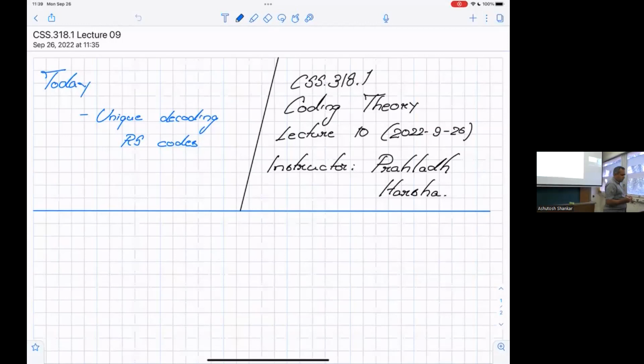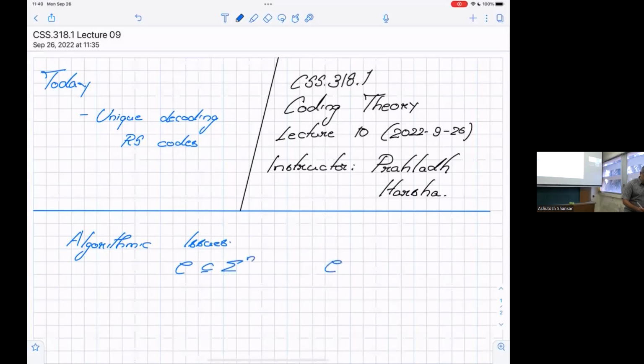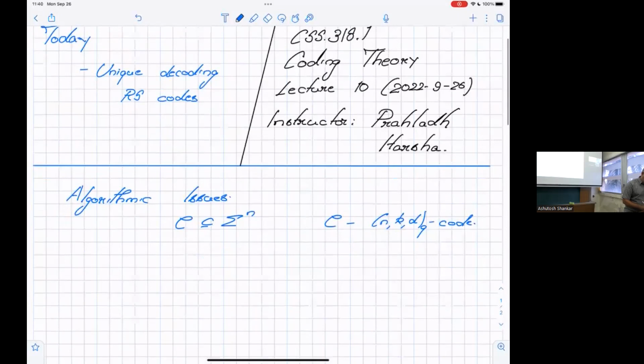So even before we plunge into the Reed-Solomon code, let's ask what are some algorithmic issues that can arise when we're looking at some code C, which would say be an (n, k)_q code over some alphabet of size q.